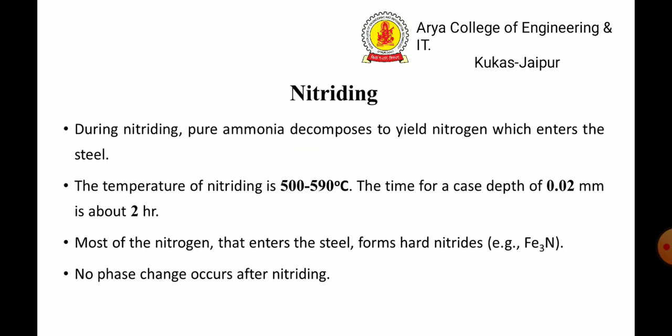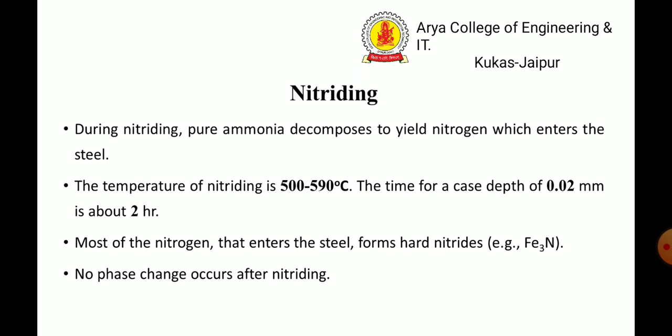In the nitriding process, pure ammonia decomposes to yield nitrogen which enters the steel. The temperature range of nitriding is about 500 to 590 degrees centigrade, and this is a process of case hardening of alloy steel in an atmosphere consisting of a mixture in suitable proportions of ammonia gas and dissociated ammonia gas at about 500 to 590 degrees centigrade.